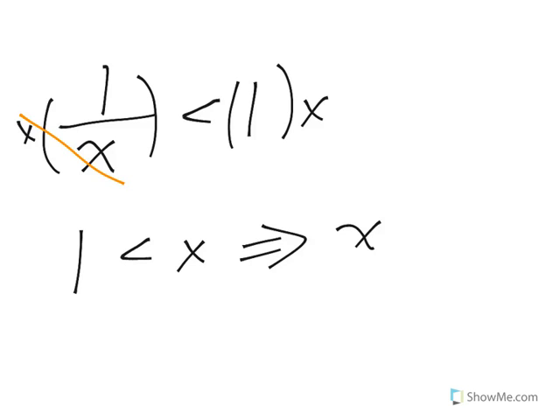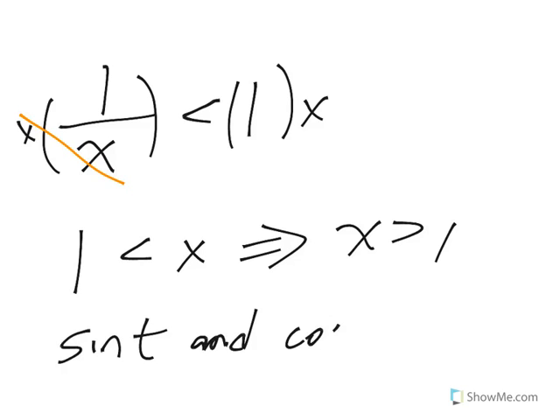Well, that's another way of saying x has to be greater than 1. So the only way the reciprocal of something ends up less than 1 is if that something is greater than 1. But sine and cosine are always less than 1 or greater than -1. I'm thinking absolute values here.